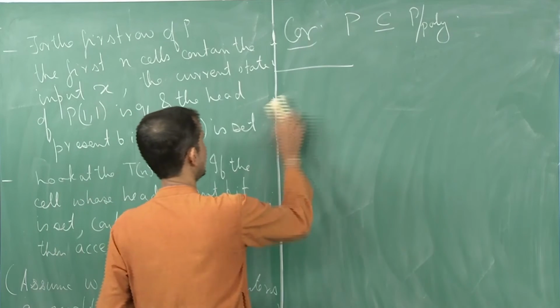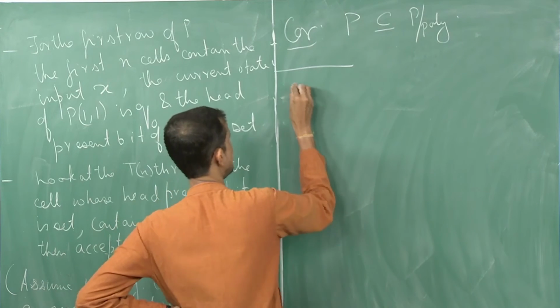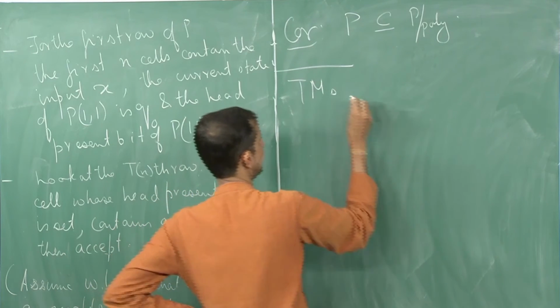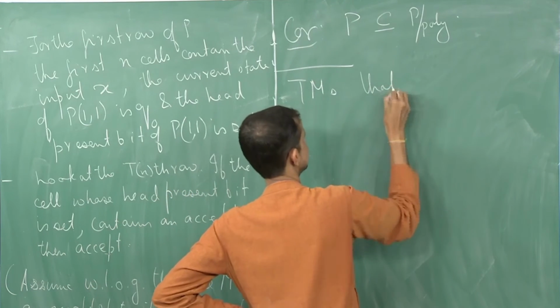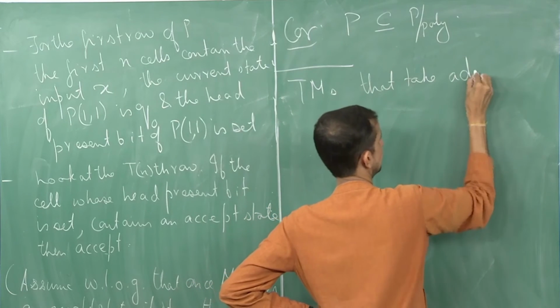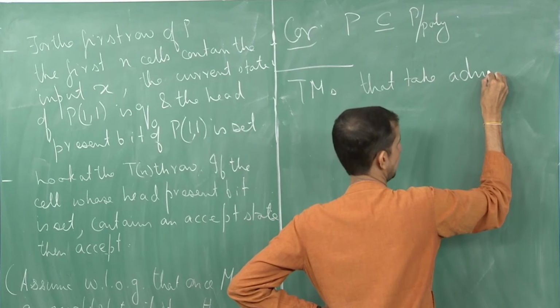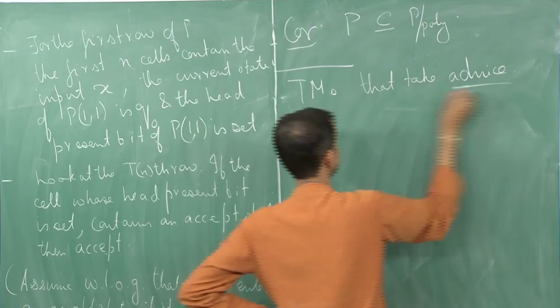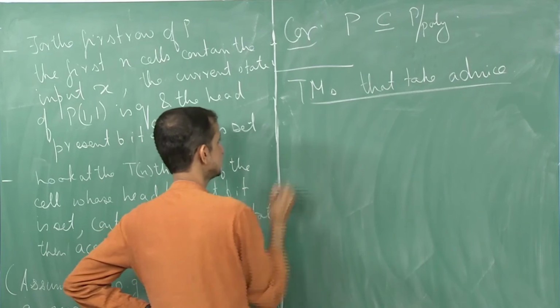What we will look at is Turing machines that take advice. Okay. So, what is this?